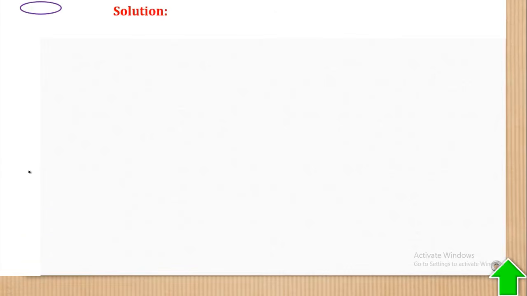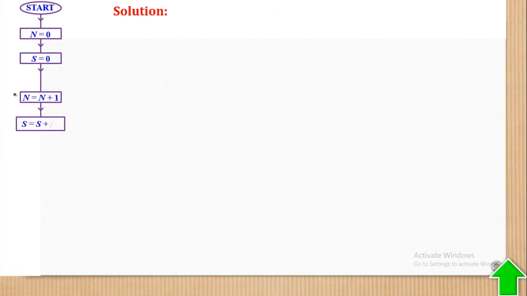So always the first thing to do is the start statement, then followed by the initial values. N is 0 and also S is 0. Then go to the assignment, you increment N by 1. Or incrementing N by 1, you can get the new sum.